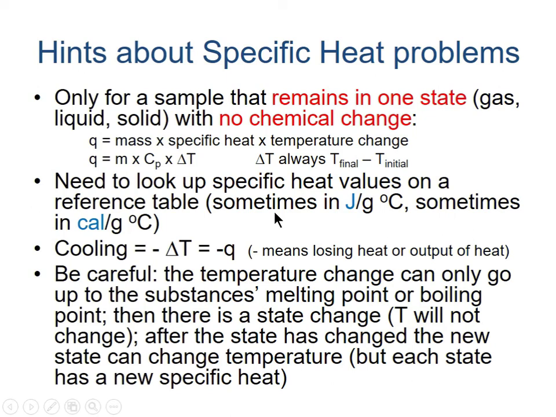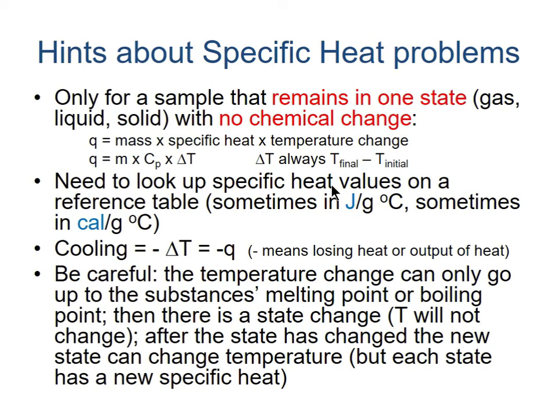I will often have to look up specific heat values if they're not given straight in the problem, and sometimes they're in joules per gram degree Celsius, and sometimes they're in calories per gram degree Celsius. They could also be per mole instead of per gram. Pay attention to the units because I may need to do some conversions if they don't cancel out.